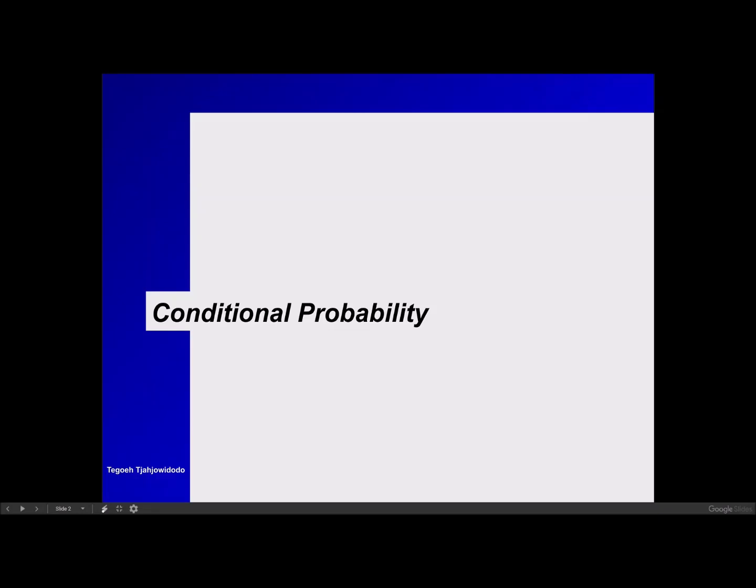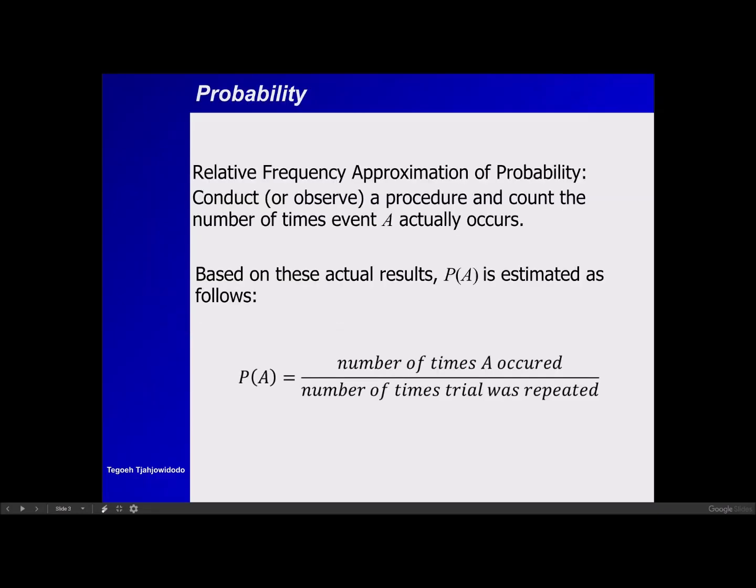Okay, let's start the discussion from reviewing what probability is. I think you know this. You have learned it from many years ago. So if we have an event A and you want to identify the probability of this event A, how we calculate it, it's very simple. You just have to count the number of times A occurs divided by the number of trials.